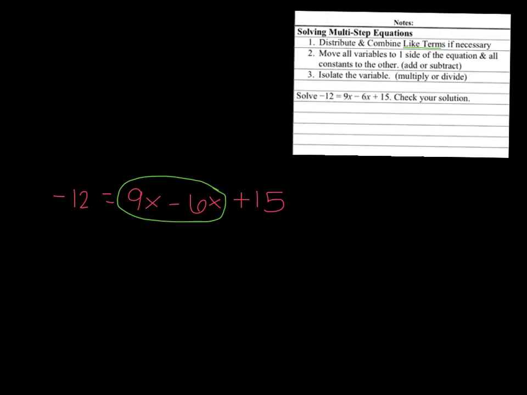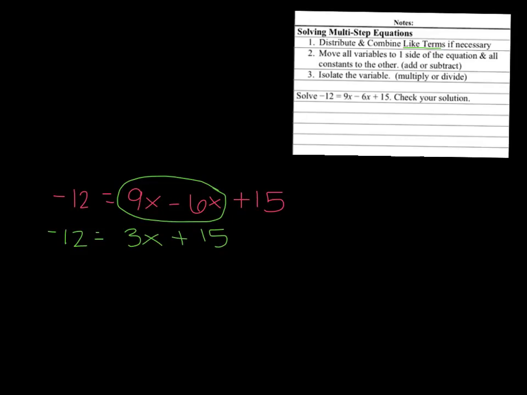So here, because I have 9x's and negative 6x's, those are like terms, I'm going to go ahead and perform that operation to combine them. So 9x minus 6x is 3x. So when I clean up my equation here, I'm going to have negative 12 equals 3x plus 15.